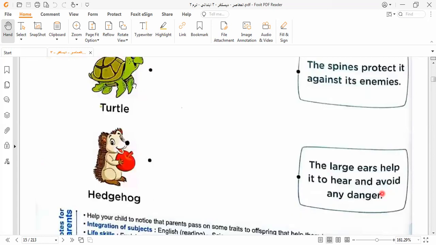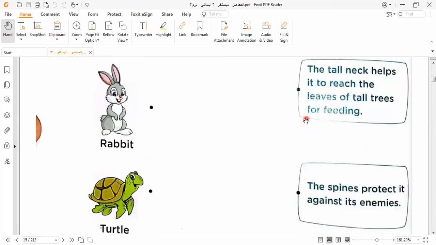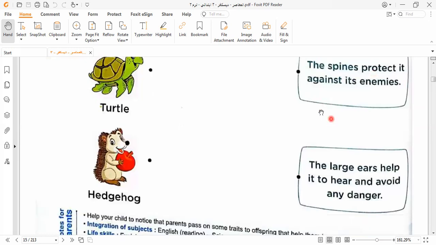So I will select the rabbit with this one. The last one. The spines protect against its enemies. Hedgehog. So I will select this picture with this.